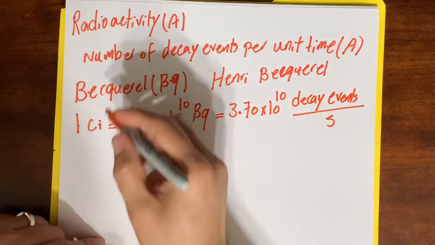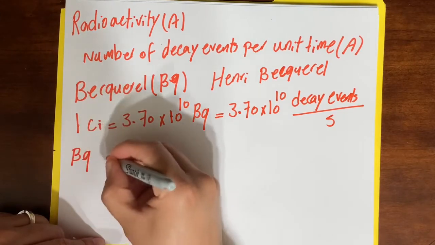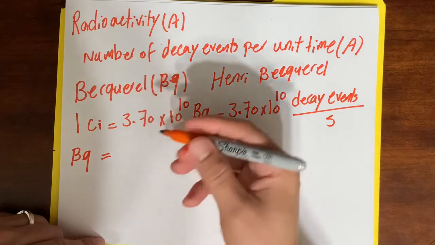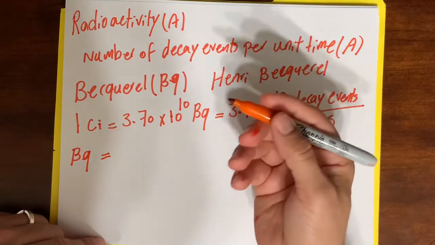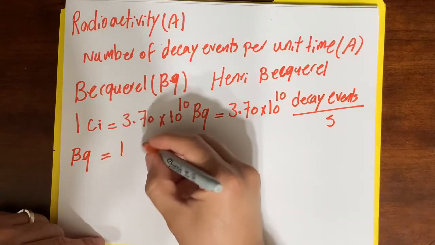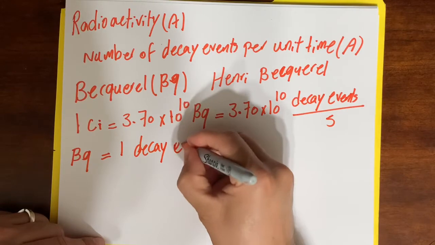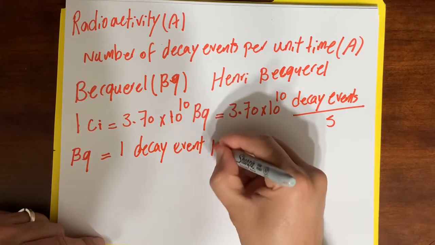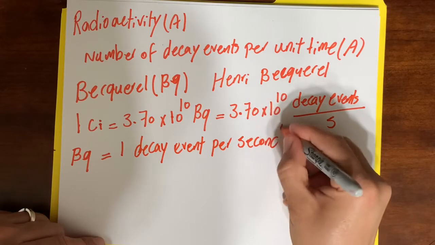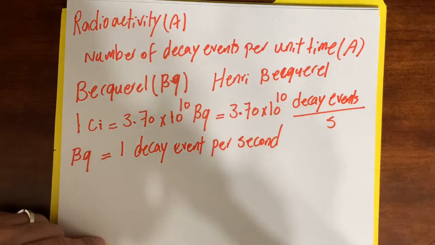So if we want to define the becquerel, it is going to be equal to one decay, technically one decay event per second. That's going to be the becquerel.